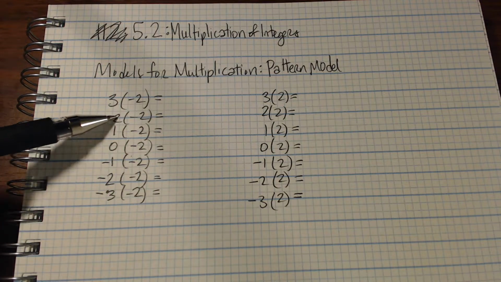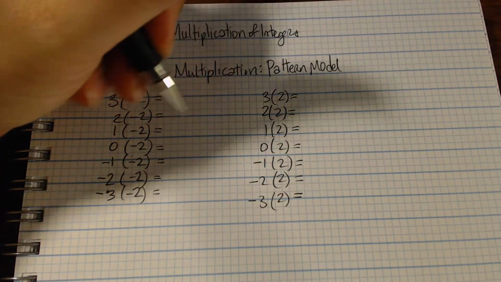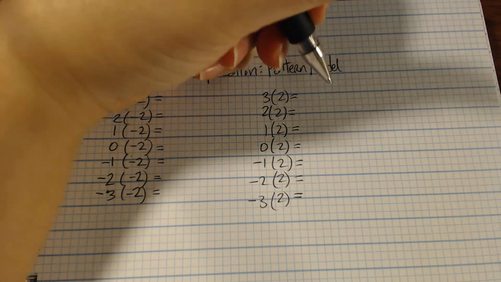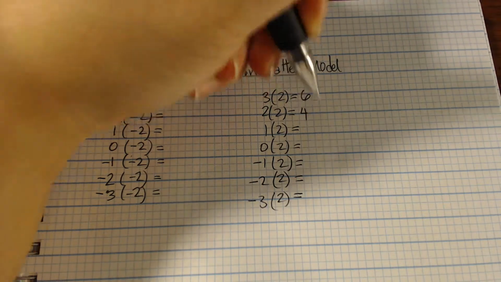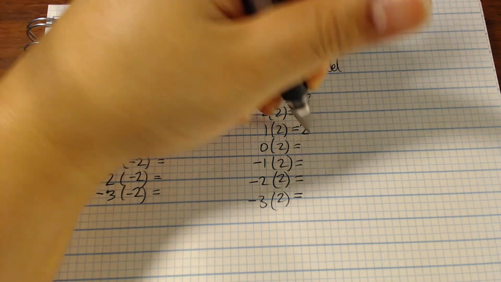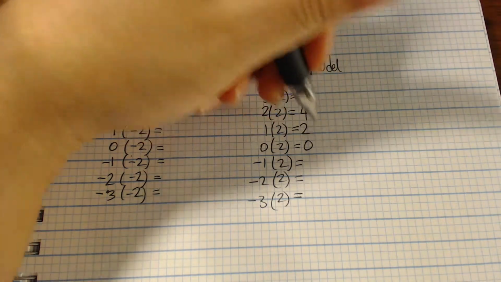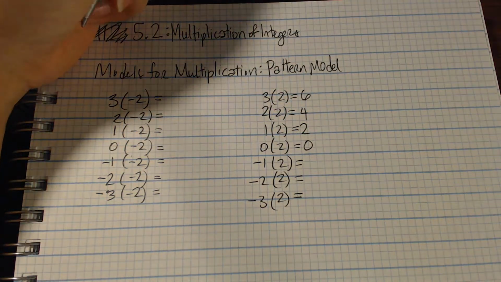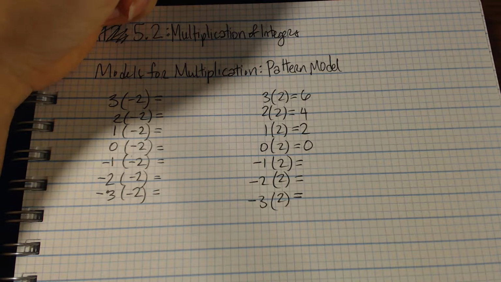Anyway, so 3 times negative 2, we're going to write that as, or well, actually, let's do the positive first, okay? So 3 times 2 is 6, 2 times 2 is 4, 1 times 2 is 2, and then 0 times 2 is 0. So we know these because of our work in Chapter 3, working on basic multiplication with whole numbers and natural numbers.